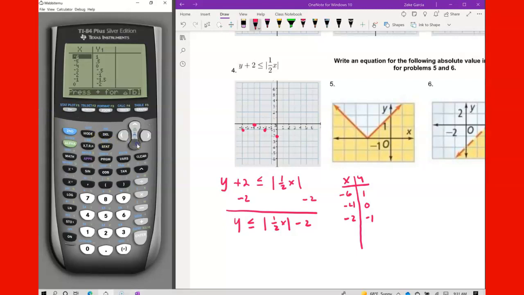I'm going to scroll down. I have 2, -1. I'm going to go back up.